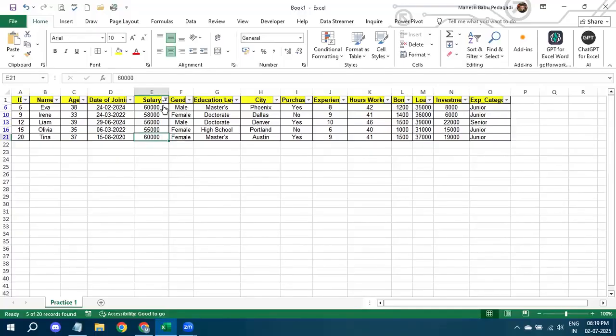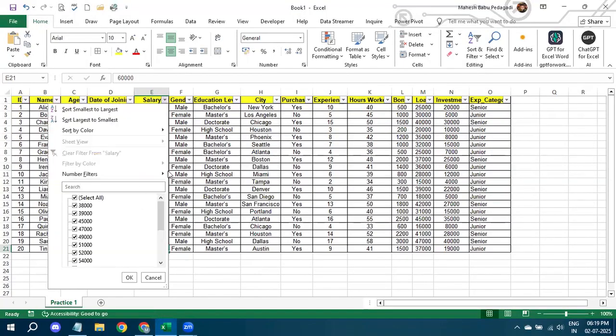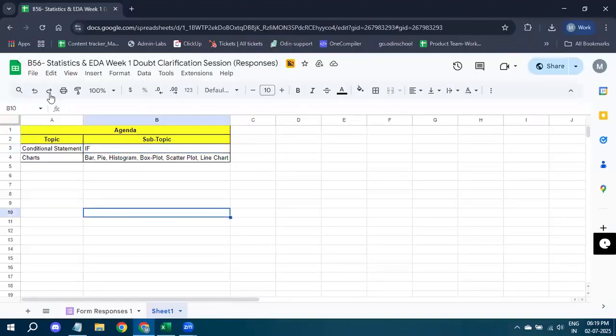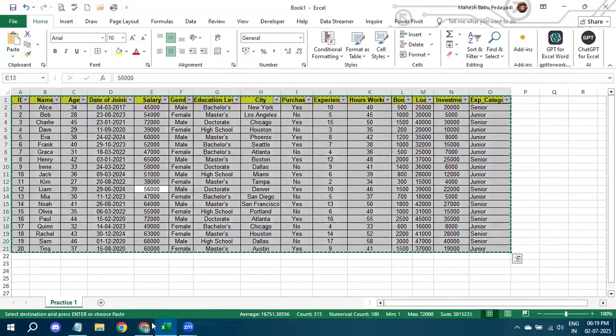See, explore the options, guys. Actually in classes, he is using spreadsheets. Both are the same. Google Spreadsheet you can get online. If I copy the same data, I can do the same operations.